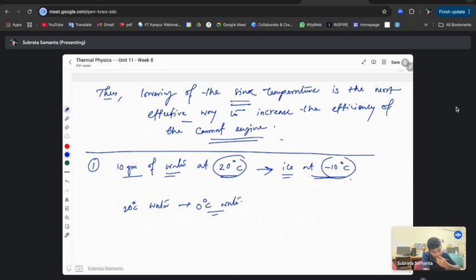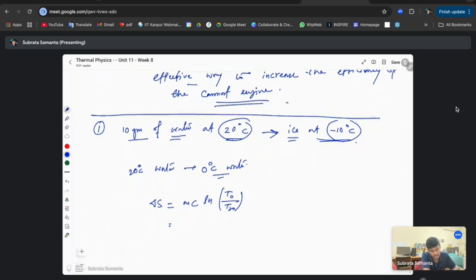In this case there is no change in sign, because you have to use the notation that delta S is mc ln T0 over T20. If you use the other one, it is basically minus mc ln T20 over T0, right?